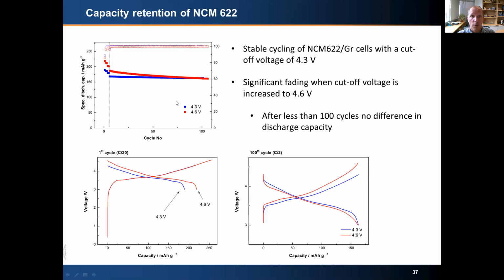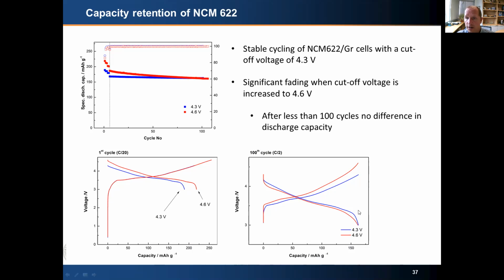This can be observed both in the capacity versus cycle number, and we can also see this in the charge-discharge curves: upon cycling to higher potential, we get more capacity. However, after 100 cycles, we see a significant amount of both voltage fade and capacity fade in these materials.